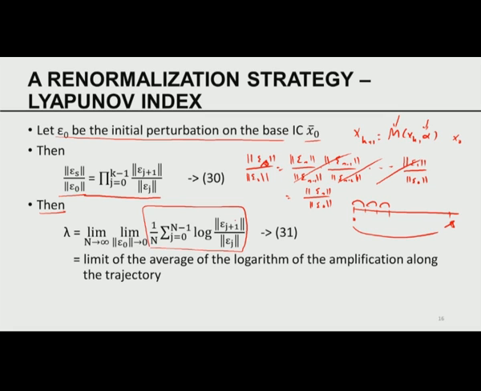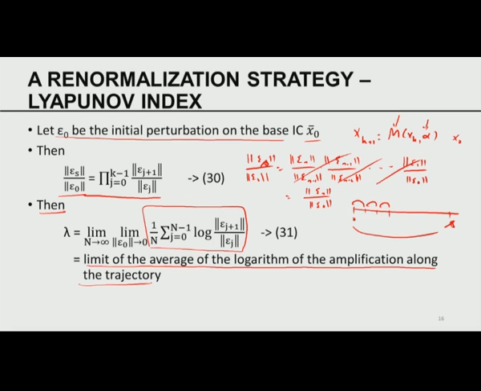So logarithm of AB is equal to log of A plus log of B. So if I take the logarithm on both sides of 30, I get an expression. I would like my epsilon naught to go to 0, to be as small as possible, and I want my n to go to infinity. What is n? The number of discrete intervals of time, and that is the limit of the average of the logarithm of the amplification along the trajectory. That's the basic idea. So I would like to be able to compute this.